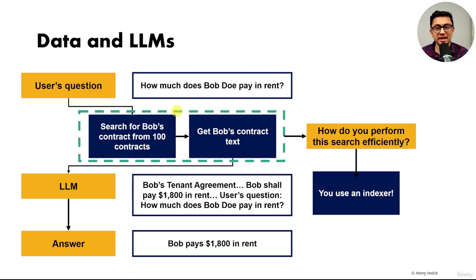Think of it as a different language that machines can understand. So the idea here is you take all the different contracts, you convert it into that different language, and then because it's in that different language that machines can understand, it is very quickly able to find the most relevant contract based on the user's question.